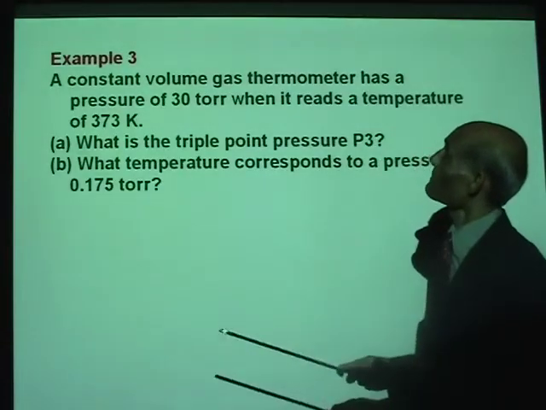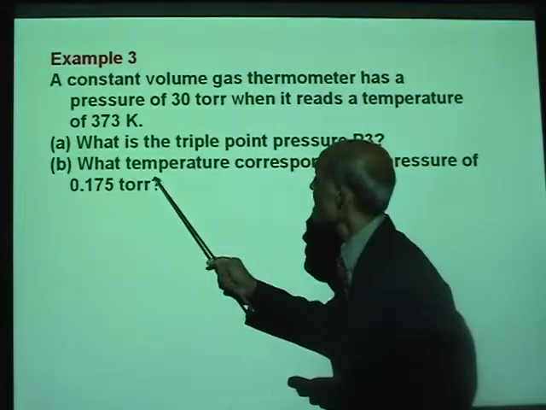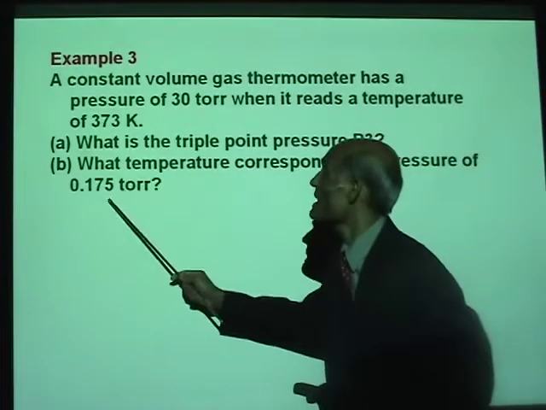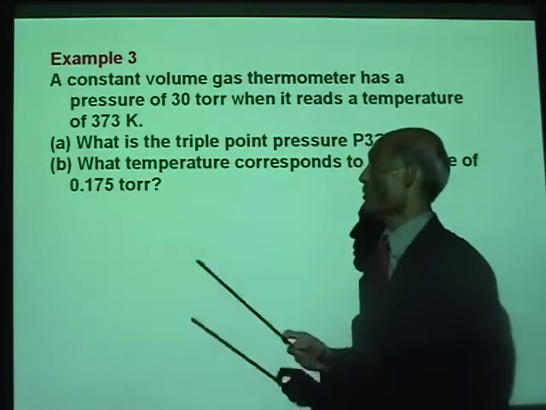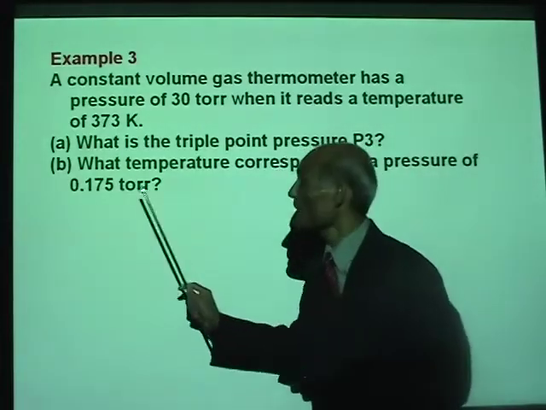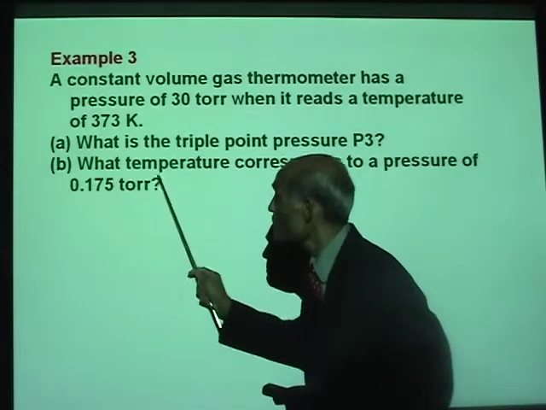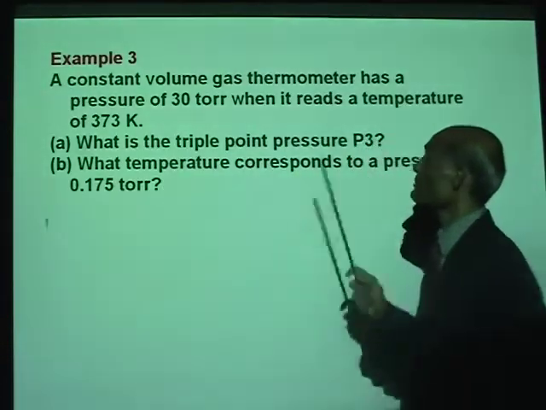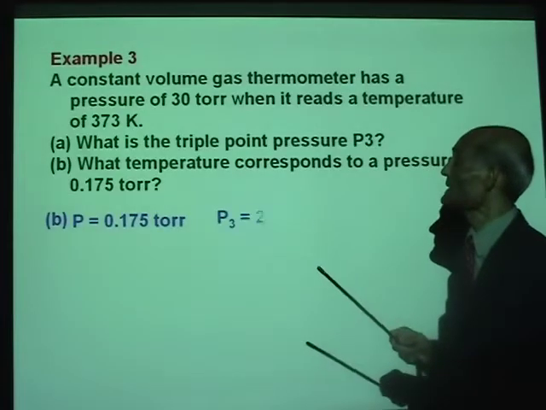Alright. Next one. What temperature corresponds to a pressure of 0.175 torr? Well, we can now calculate the temperature corresponding to this pressure because we have calculated P3. Alright?